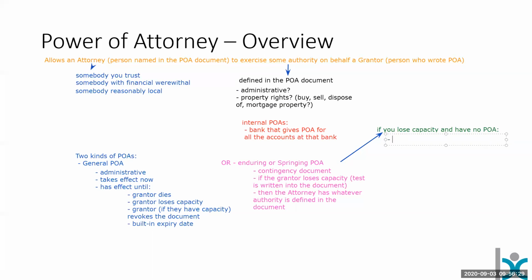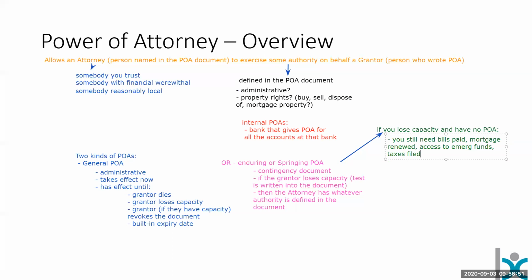But essentially what happens here, so you lose capacity, have no power of attorney, and now you still need your bills paid, whatever, your mortgage renewed, access to your emergency funds, whatever. Yep, perfect. Taxes filed.